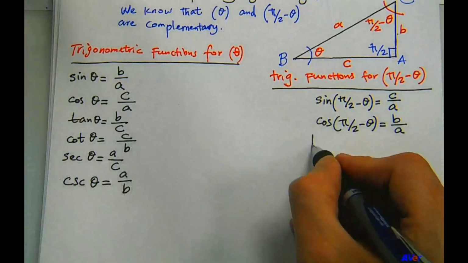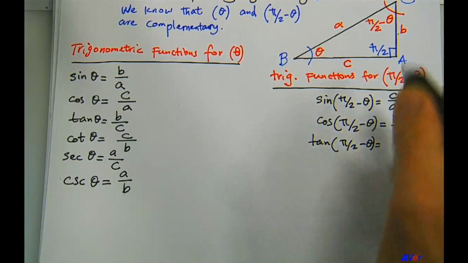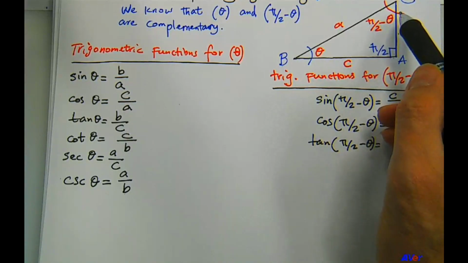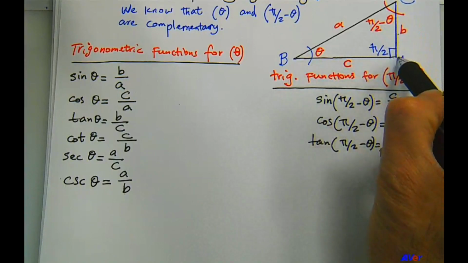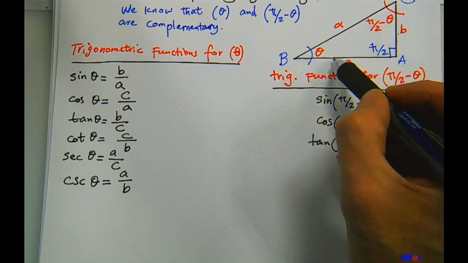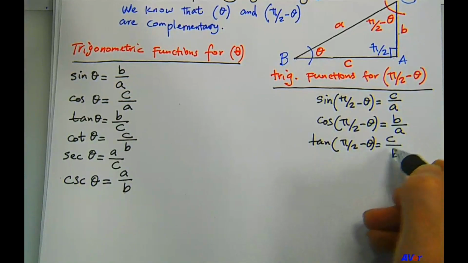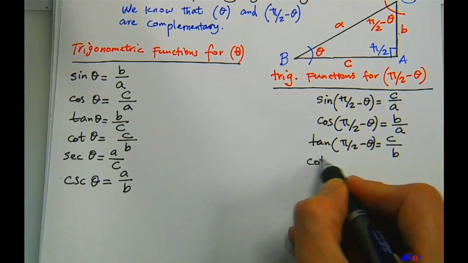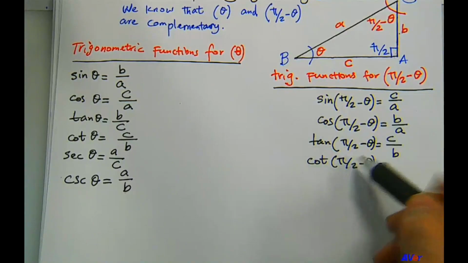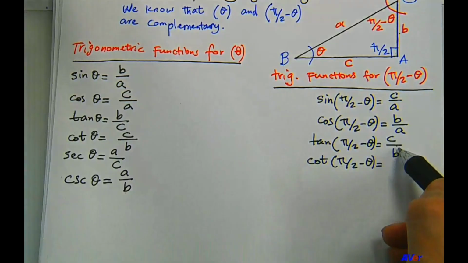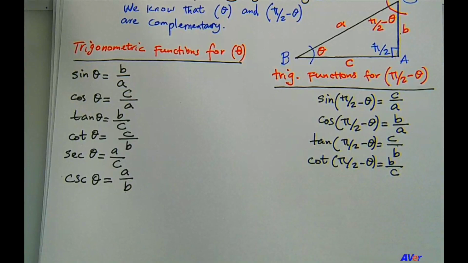The tangent of pi over 2 minus theta, the tangent of this angle, is equal to the opposite divided by the adjacent, which means c divided by b. Then cotangent of pi over 2 minus theta is just a flip or reciprocal of the tangent. So we can quickly write down b over c, right?